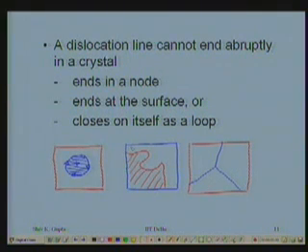Distinct regions are there, and the continuity is provided by the node where there is no displacement, and therefore the sum of the three Burgers vectors turns out to be 0. Otherwise the crystal would not have continuity. There would be some kind of discontinuity at the node, which cannot happen.